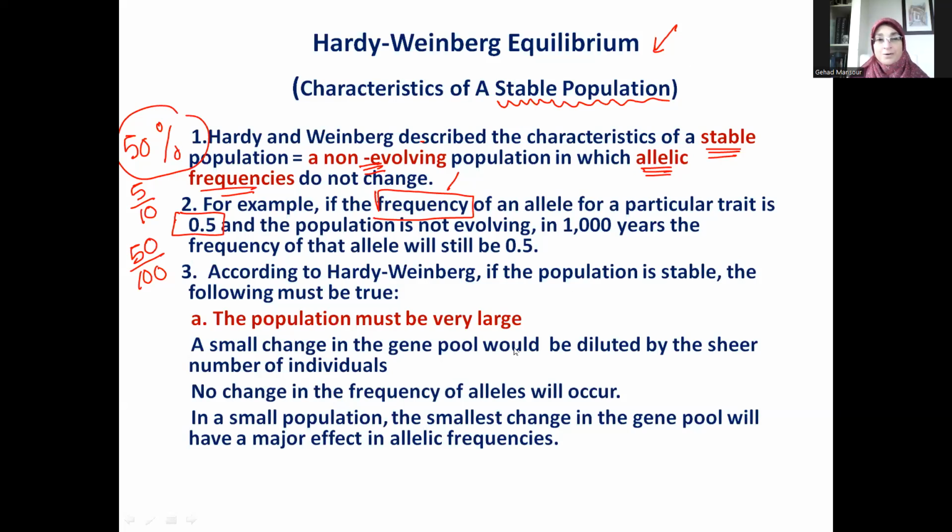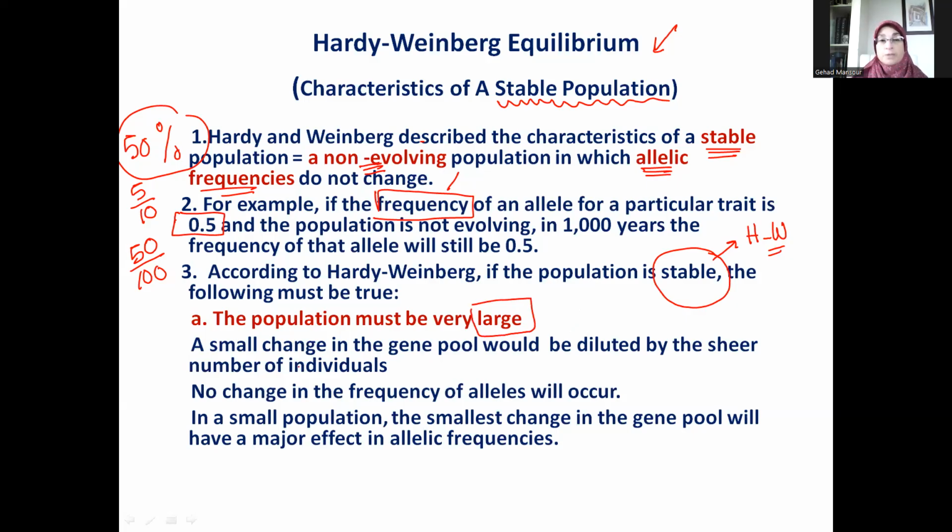Hello again. So there are certain conditions for a population to be considered a stable population, or for a population to achieve that condition of being stable. First of all, we cannot talk about a stable population where we can see the Hardy Weinberg principle and apply the equations of Hardy Weinberg if the population is small, so the population should be large.